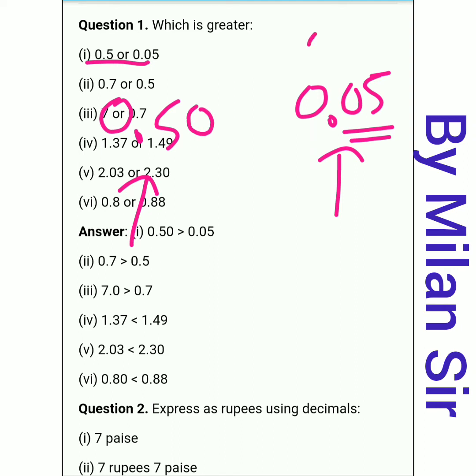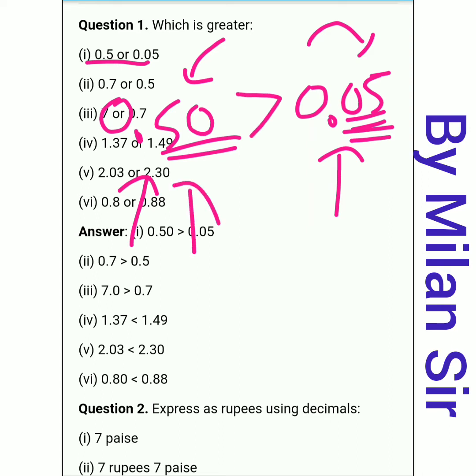Now after the decimal point, here 50 and here 05. So which is greater, 5 or 50? 50 is greater, right? So this number is greater. That means 0.5 is greater than 0.05.